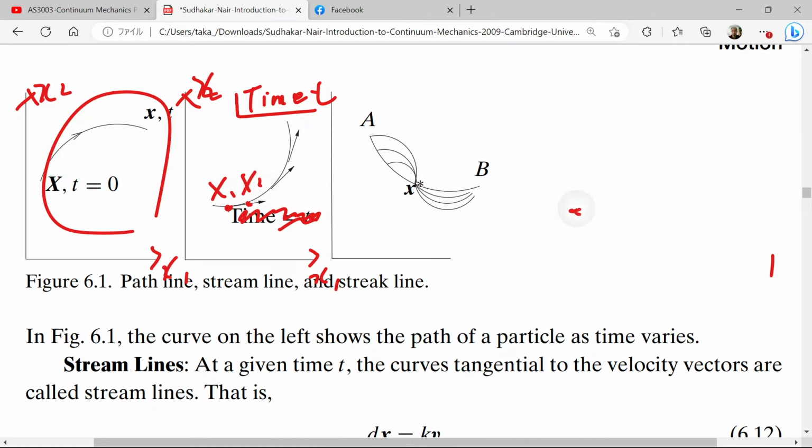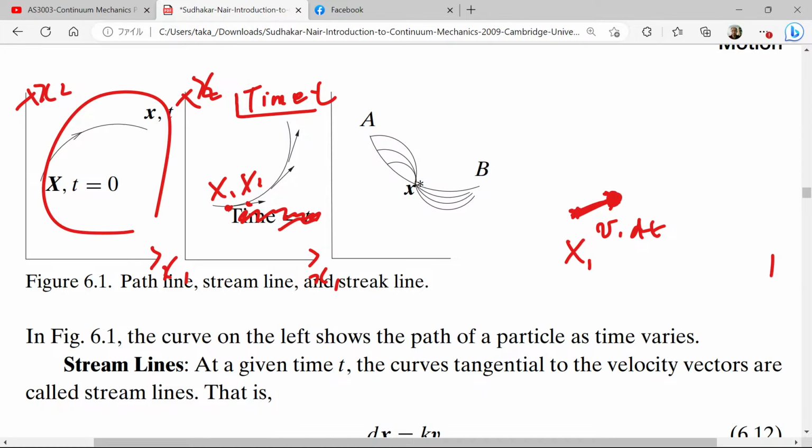You have particle x1, which has some velocity v1, right? So in this way, you move. Maybe you just multiply by a small time, like dt. So this will give a second position, okay?